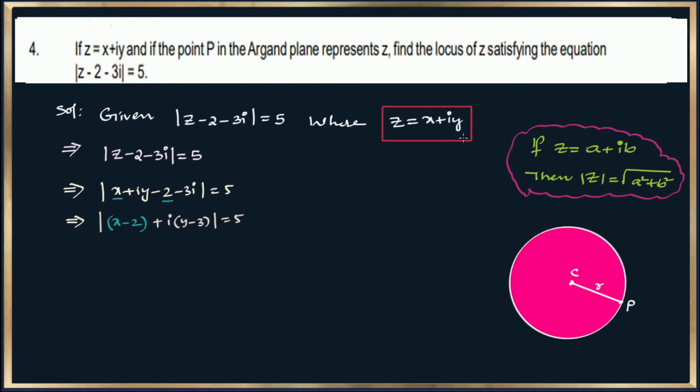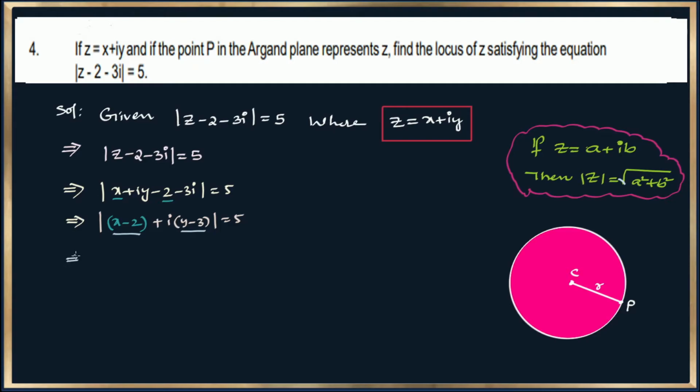What is mod? If z is any complex number in the form a plus ib, then mod z equals root over a square plus b square, that is, the real term whole square plus the imaginary term whole square. What is the real term here? x minus 2, and the imaginary term is y minus 3.